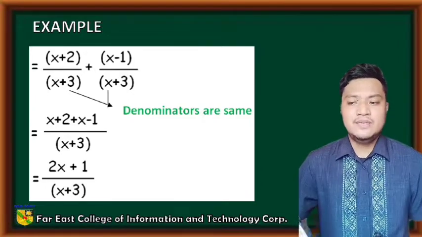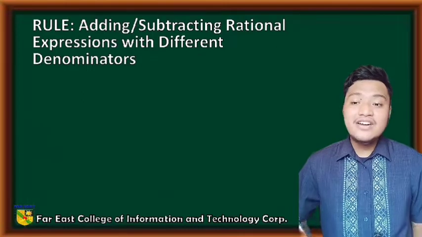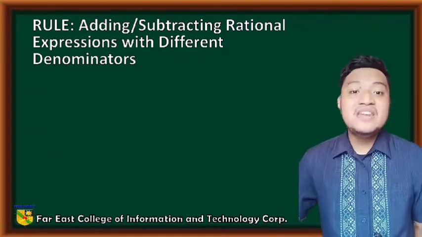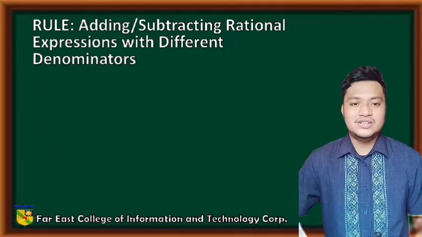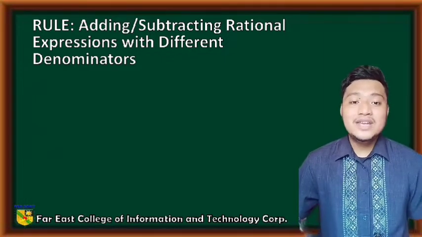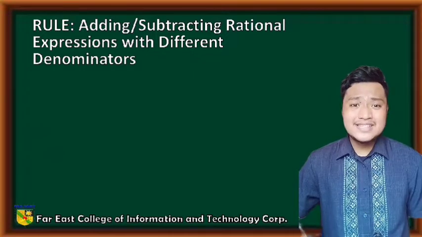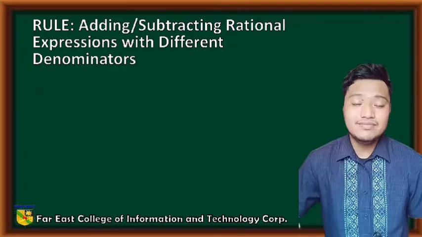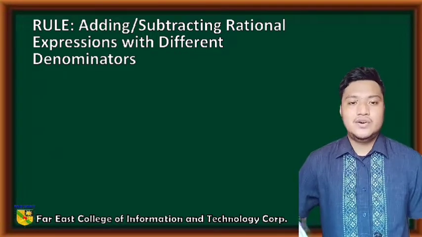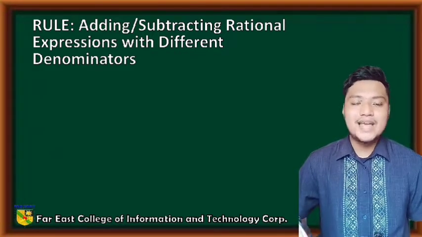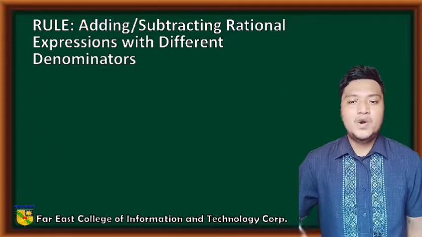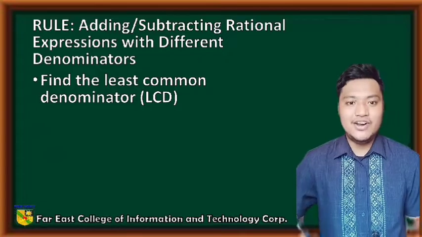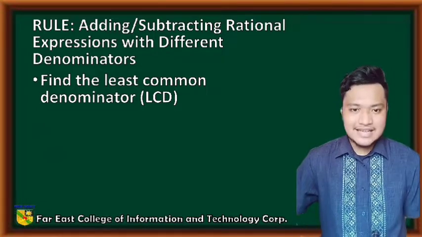Next rule is adding or subtracting rational expressions with different denominators. So, this time, we need to learn how to add or subtract rational expressions with different denominators. Here are the step-by-step procedures. Number 1, find the least common denominator, or the LCD.